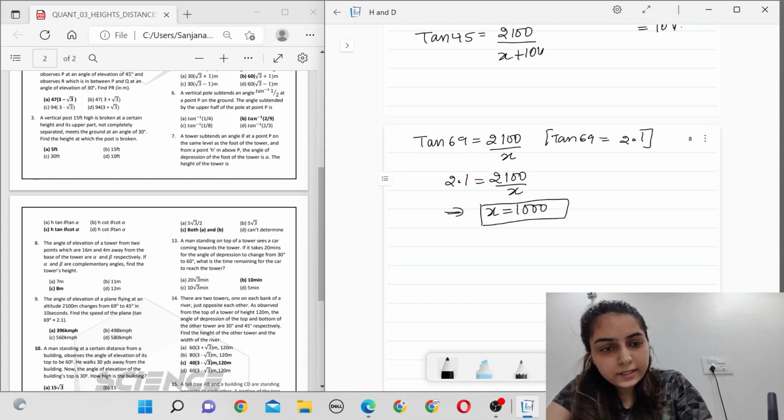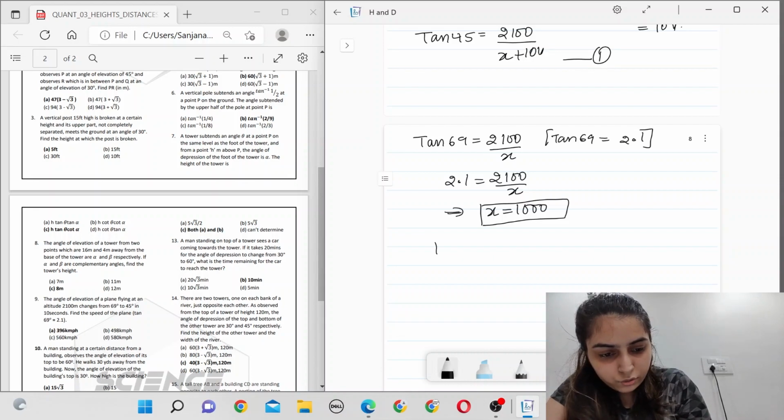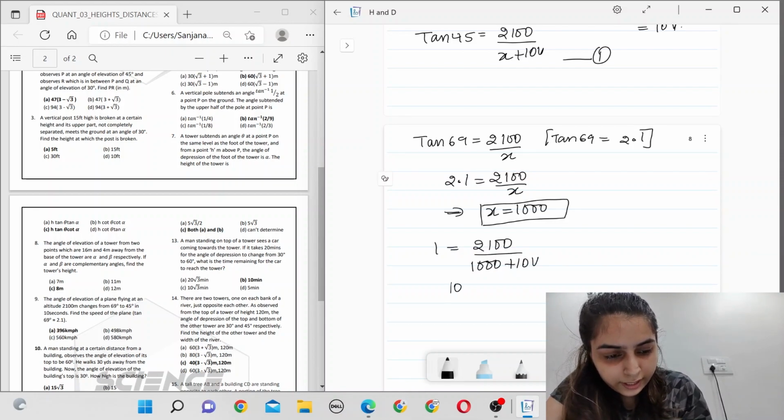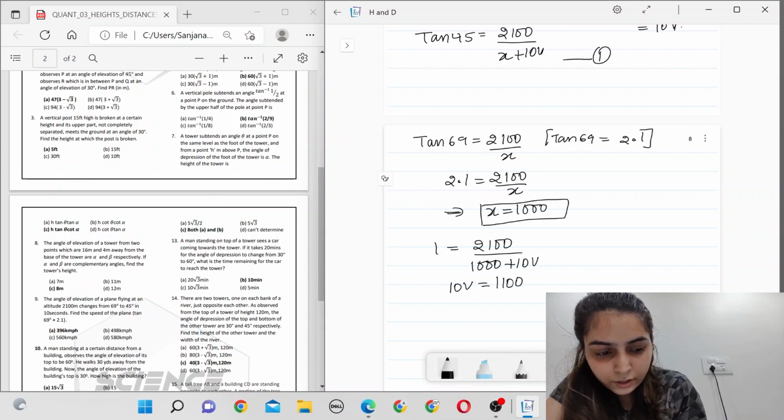So if we apply this in equation 1, we are going to get tan 45 is 1. So 1 is equal to 2100 by 1000 plus 10v. So 10v is equal to 1100. v is equal to 110 meter per second.